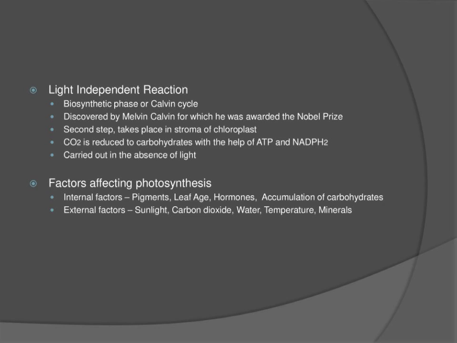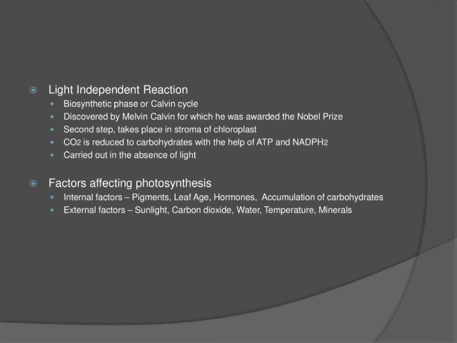So, the reduction of carbon dioxide into carbohydrates does not require any sunlight. Only the conversion of solar energy into chemical energy and NADPH2 requires sunlight. So light dependent reaction requires sunlight. Light independent reaction does not require sunlight. So this is the entire process of photosynthesis.